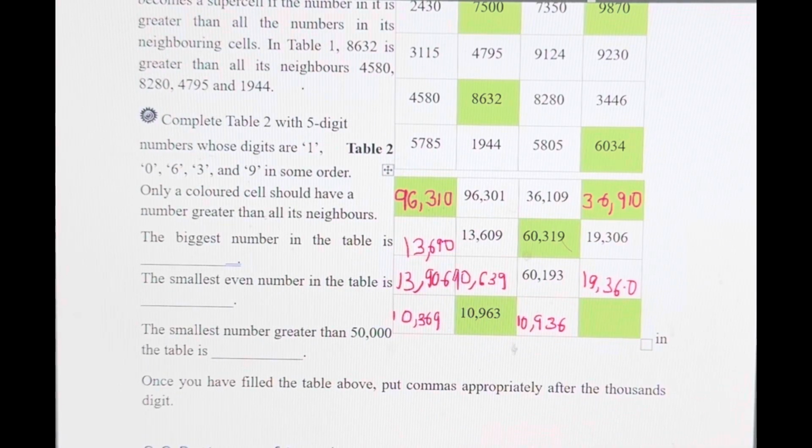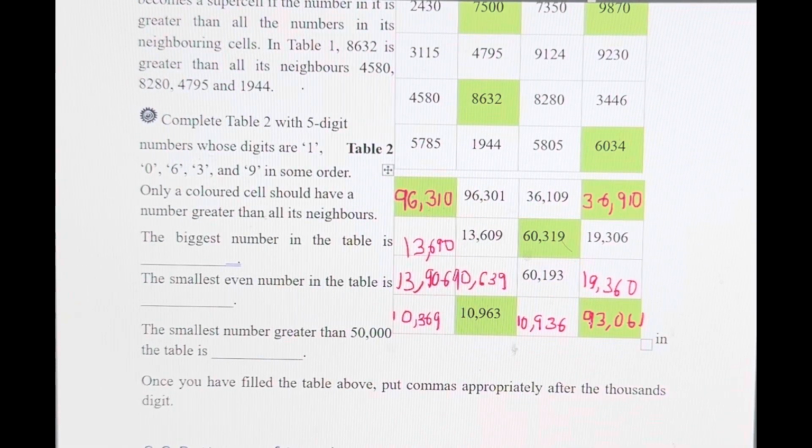So we want a number greater than 19360, so suppose we take 93061, any number, right? It should be greater than these two. That is important. You can even start with 3, you can start with 6, you can start with 9. So we have filled in the table and all the colored numbers are supercells.